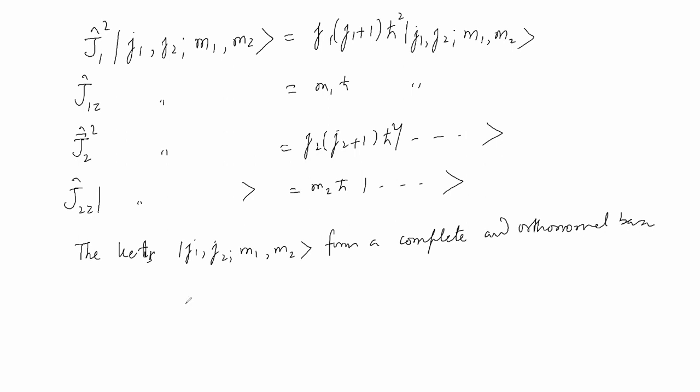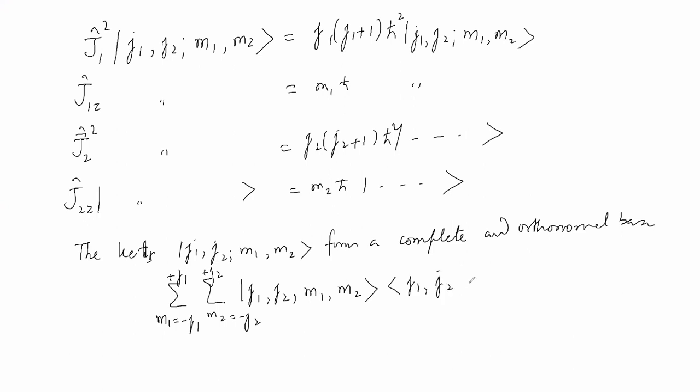Meaning by that, the sum over M1 from minus J1 to plus J1 and M2 from minus J2 to plus J2 of |J1, J2, M1, M2⟩⟨J1, J2, M1, M2| is equal to 1.